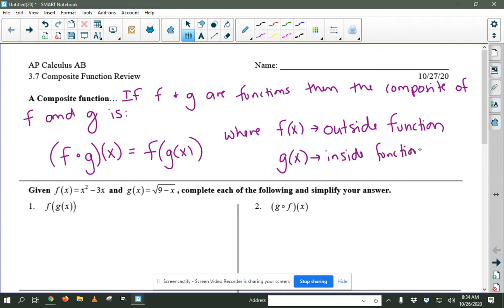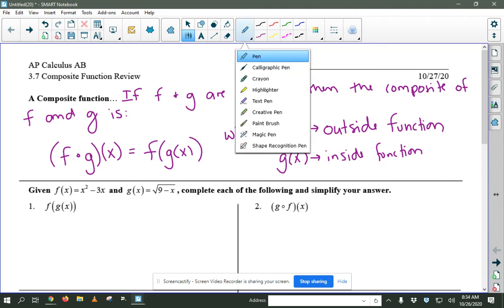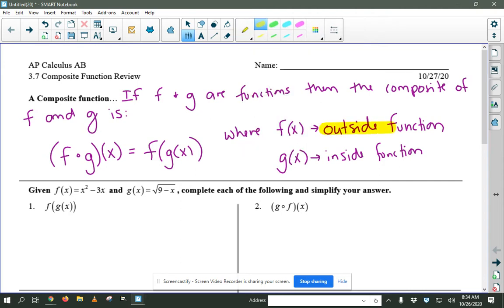Again, f could be inside of g, or you could have h's or j's or k's, but based on this setup, the function on the outside would be f, listed first in this notation, and the inside function would be g, the second listed function.